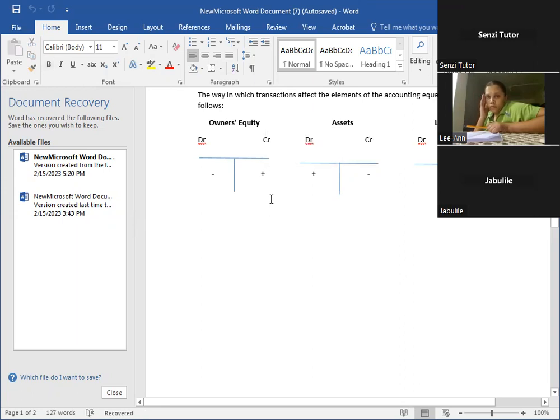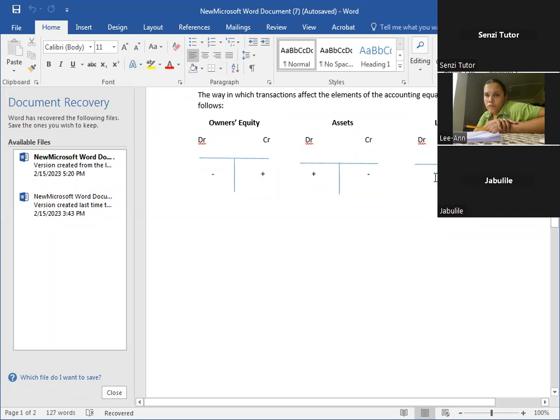I will send this note to you so that you will have these notes and practice on your own at home or wherever you stay, right? Here it's telling us that owner's equity increases on the credit side, but decreases on the debit side, as I've indicated with an addition sign, and the decreasing side with a minus sign. All right, assets increase on the debit side, but decrease on the credit side.